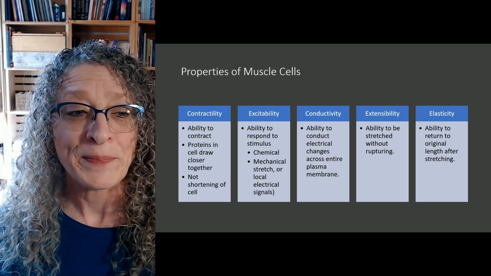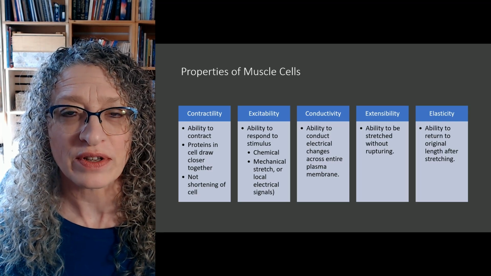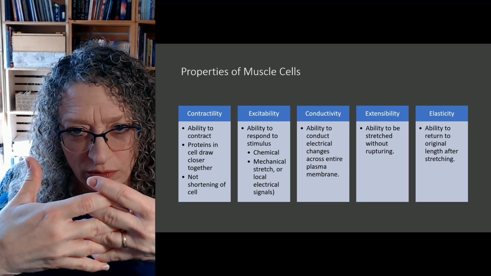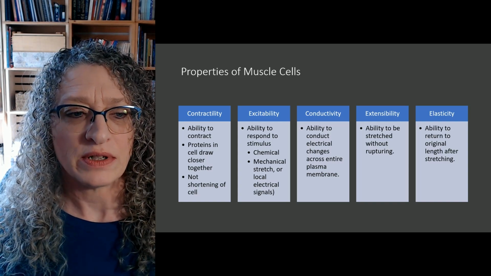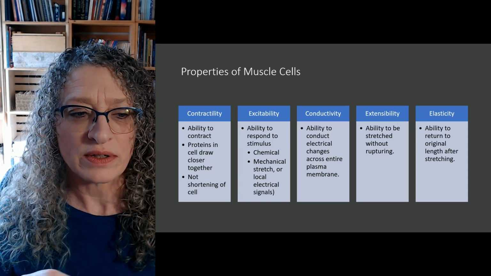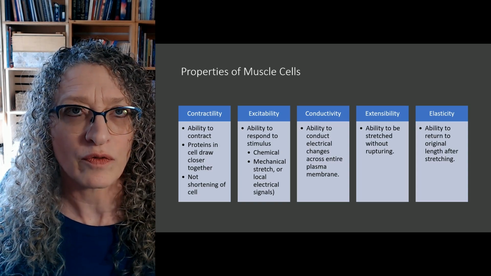So the primary property of muscle cells that we think of is contractility, so that ability to shorten, or the ability to contract. And it does that through proteins drawing closer together. We're actually going to look at that in a future video.